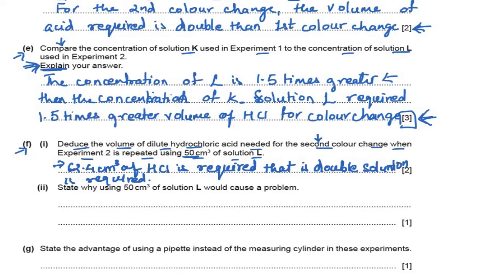State why using 50 centimeter cube of L would cause a problem. Now have a look, what is the volume required? 62.4. Now the capacity of burette is just 50 centimeter cube.